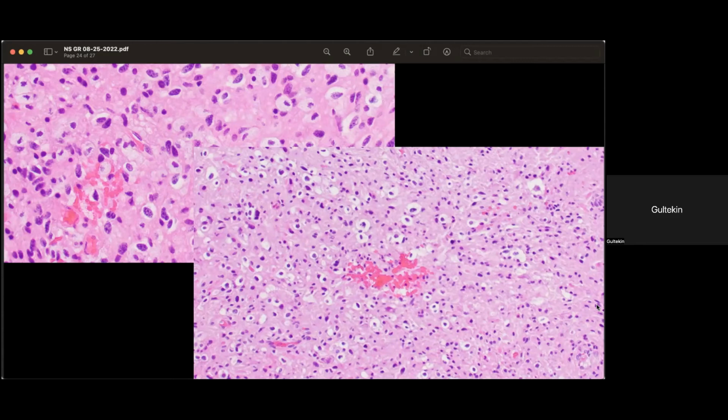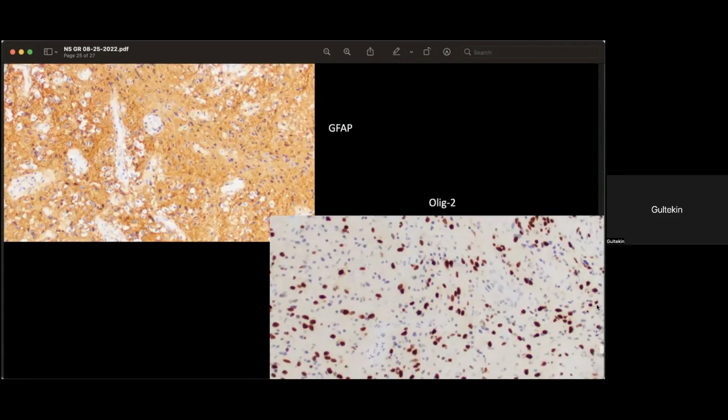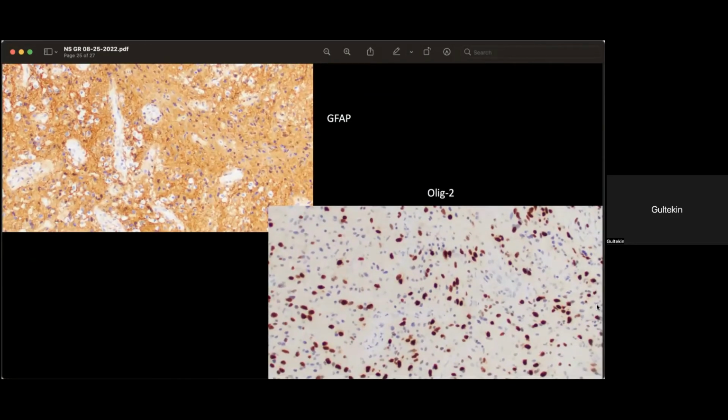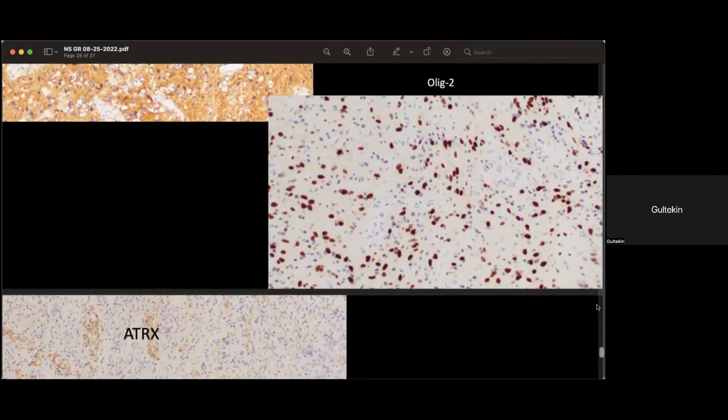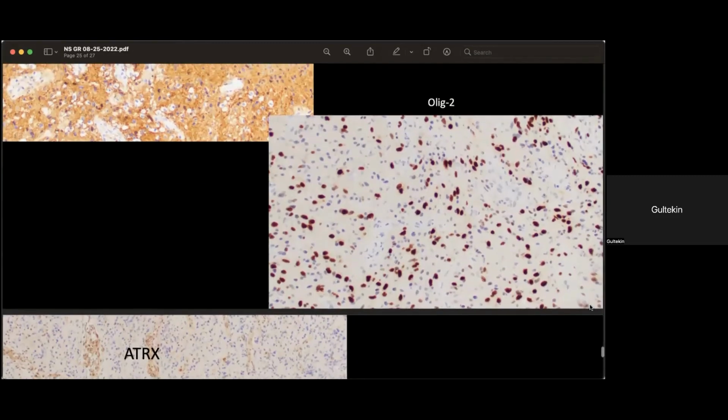Next. It's just that it's not a hemangioblastoma. GFAP is diffusely positive, OLIG2 is positive. These prove that this is a glial lesion, okay? Especially OLIG2, a nuclear marker, is easier to interpret than the GFAP, which seems to be a diffuse presence here.